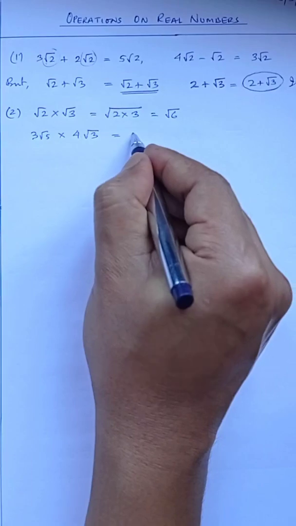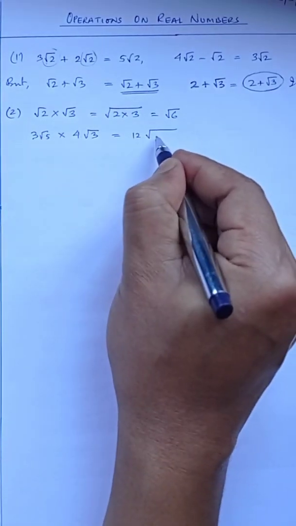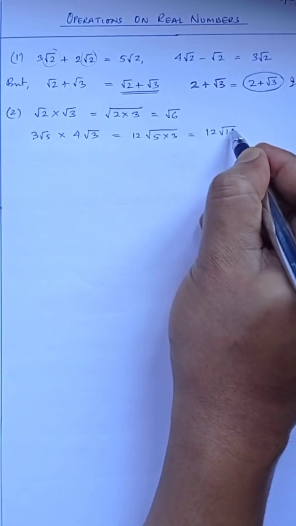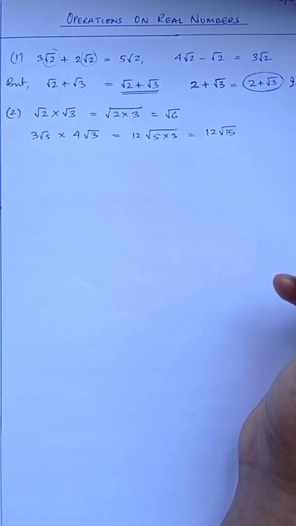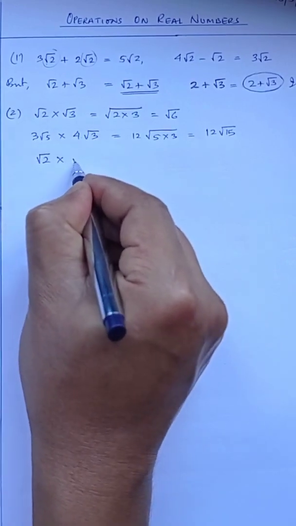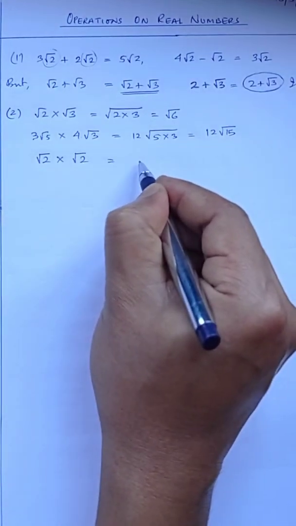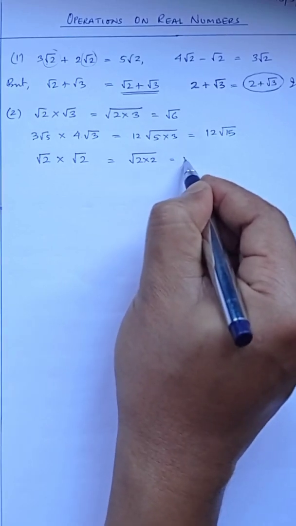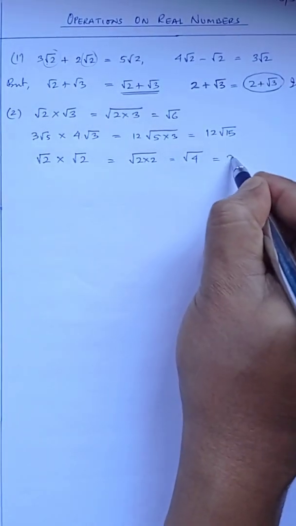Here 3 into 4 is 12. Under the root we will keep 5 into 3, that is 12 root 15. Easy? Okay. Now what about root 2 into root 2? What if the numbers are the same? That will give you root 2 into 2, root 4, that is 2.